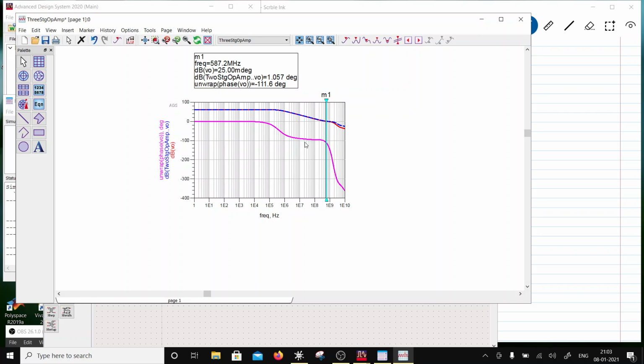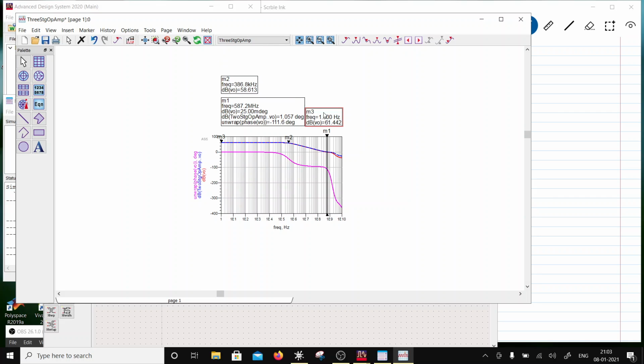And the corner frequency I have to look at, so I'll add a marker. M2, another marker for the DC gain, M3.